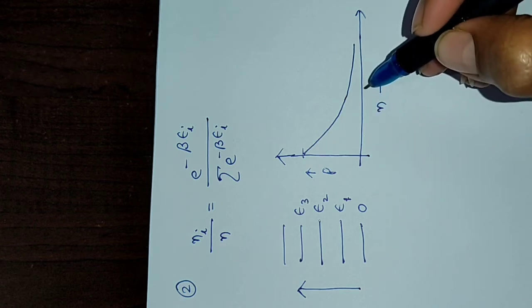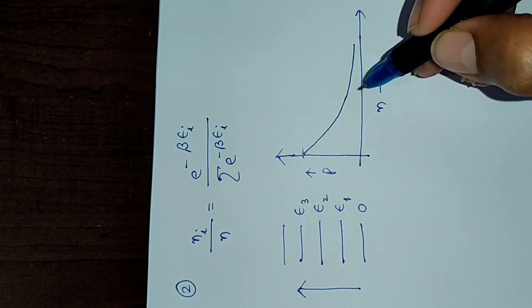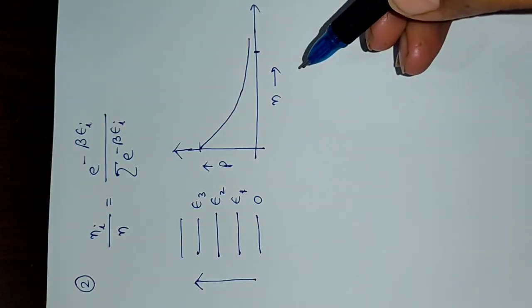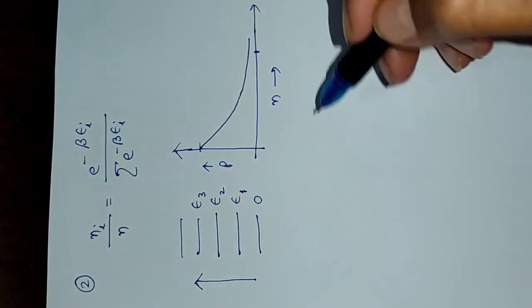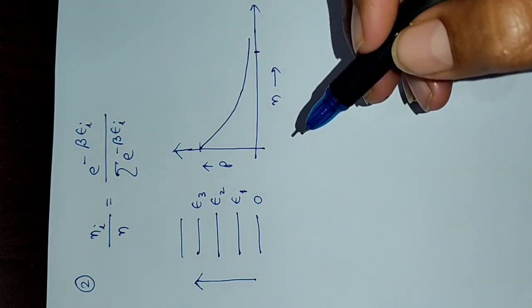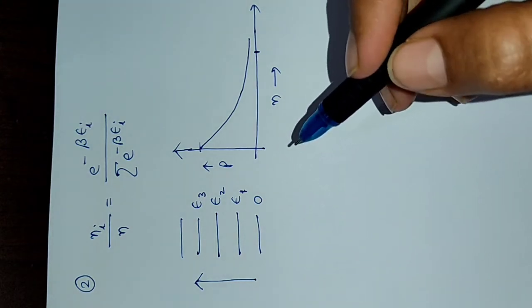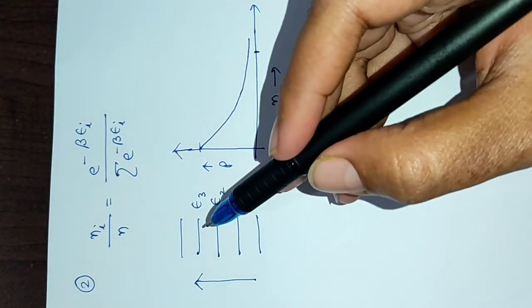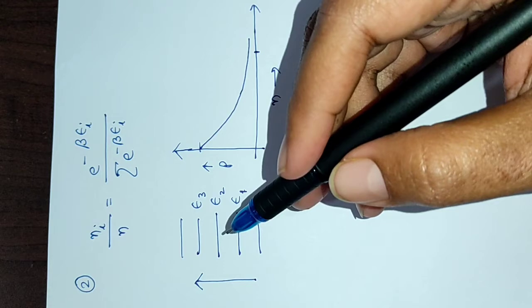More the energy of the level, less will be the number of molecules. If you increase the temperature, then what happens? More and more molecules will be activated and high energy molecules will be allowed. So to increase the population at the high energy level, you need to increase the temperature.